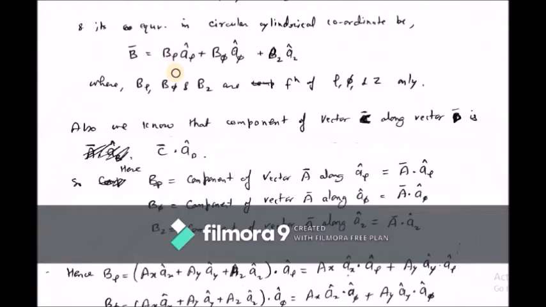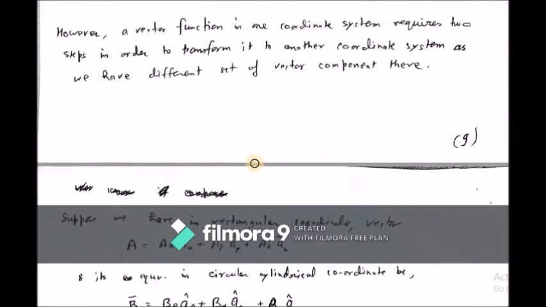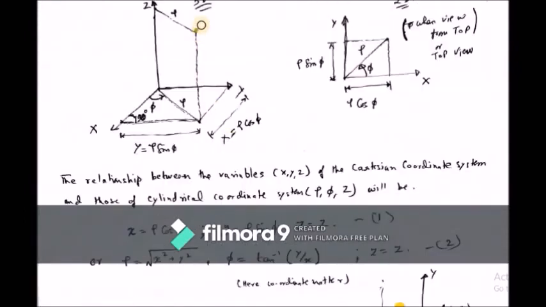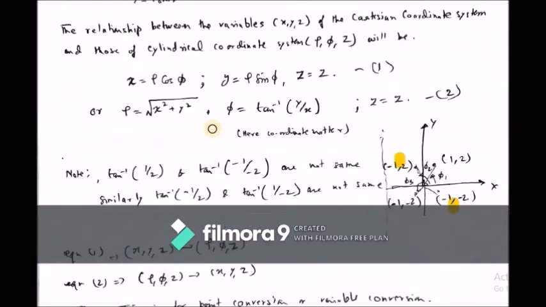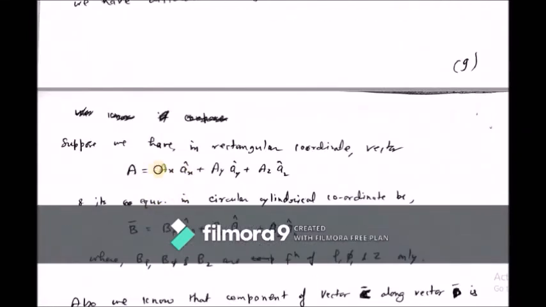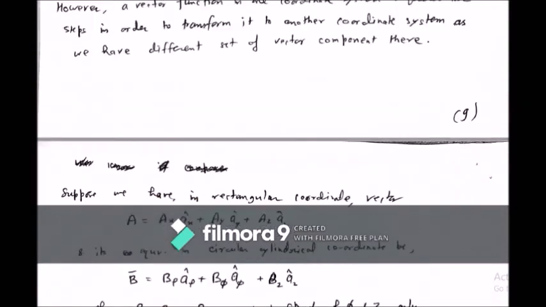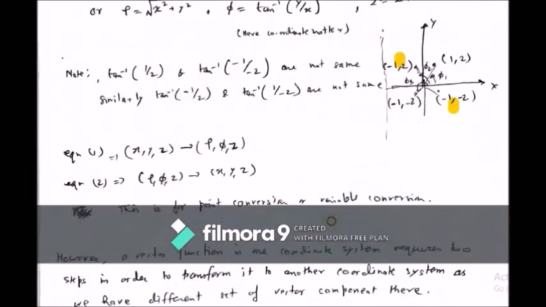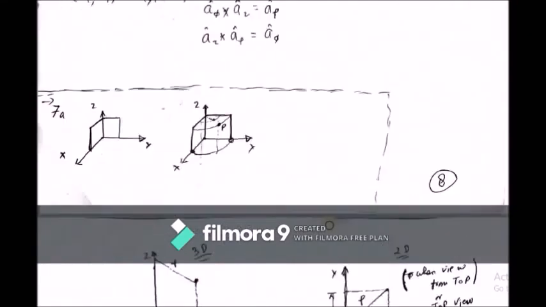B rho is actually the component of vector a along a rho. See here, when I am calculating x, ax means a component along ax. Okay, this is for rectangular to cylindrical, that means a point is given in rectangular and I am going to cylindrical form.